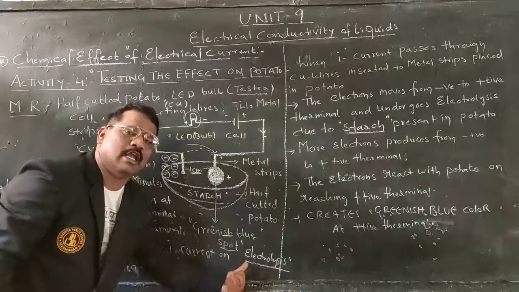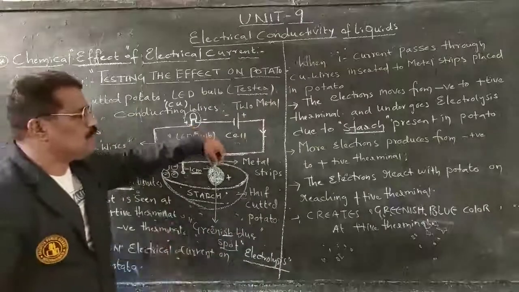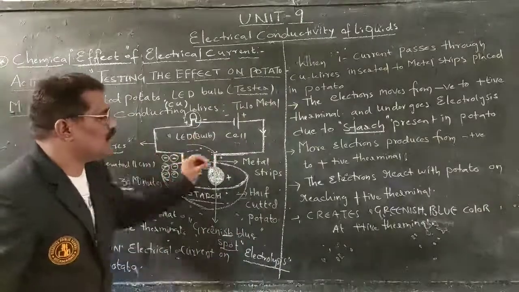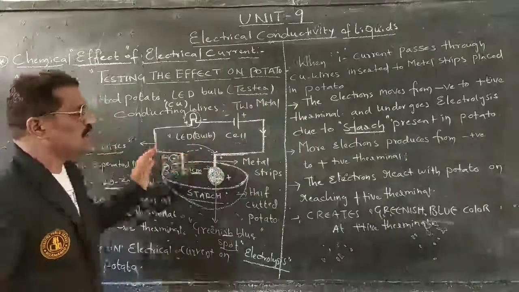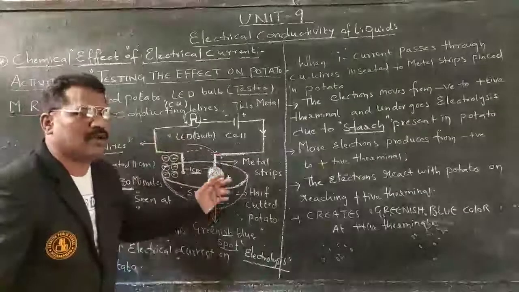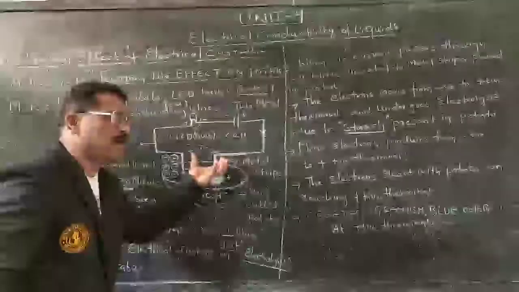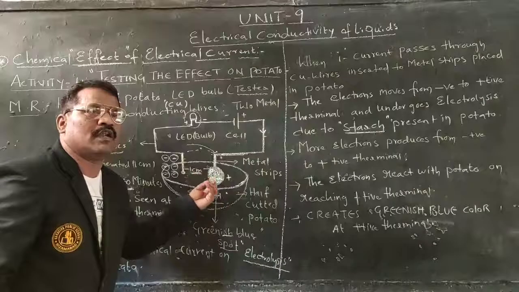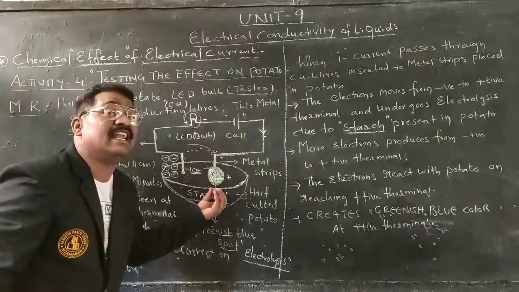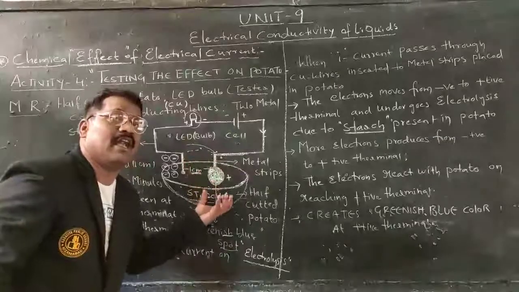Greenish blue color. It is observed at the positive point, as more electrons are moving from the negative terminal to the positive terminal; at the positive point, a greenish blue color spot gradually increases. It indicates nothing but a chemical effect.